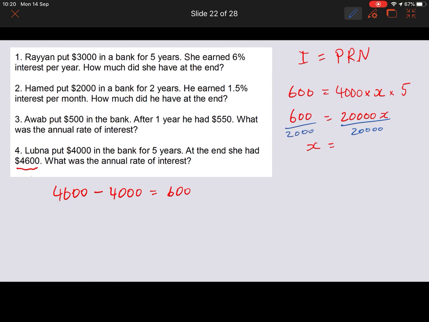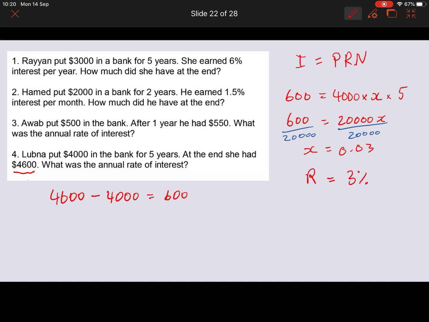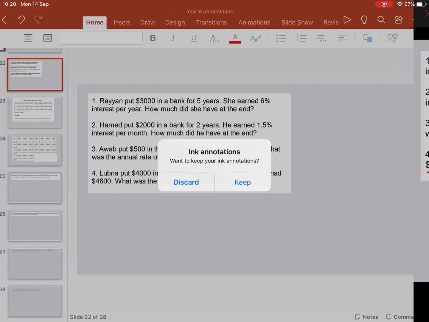So let's simplify again. 600 is equal to 20,000 X. So X must be, well, divide both sides by 20,000. Okay, and my calculator says, so 600 divided by 20,000 is 0.03.